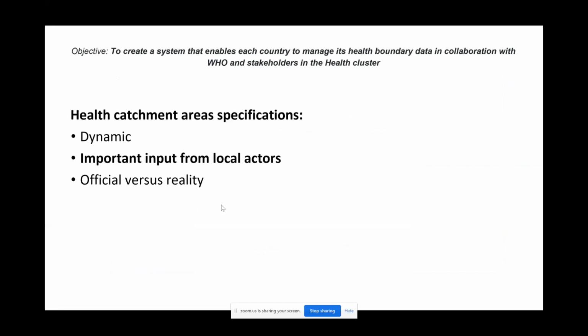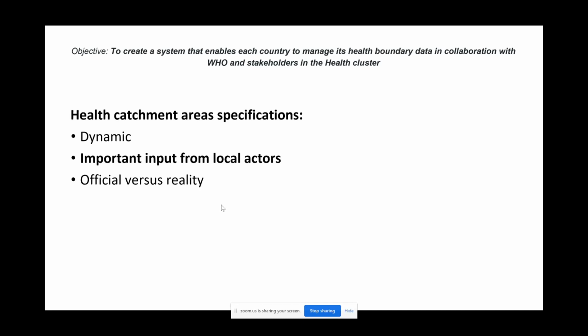So our main objective is to create a system that enables each country to manage its health boundaries data in collaboration with WHO and stakeholders in the health cluster. What we know is that health catchment areas are really dynamic, and perhaps we will see later how they can evolve.